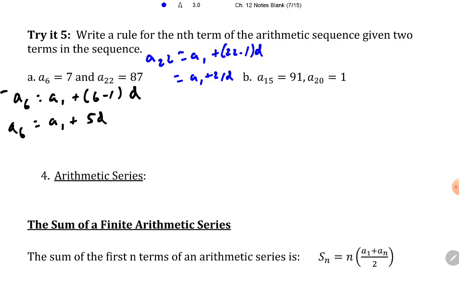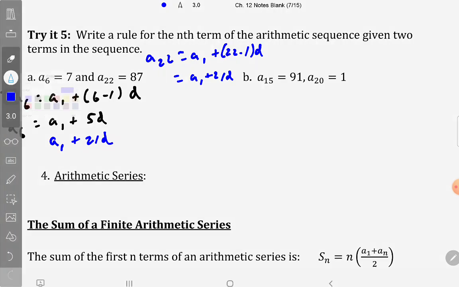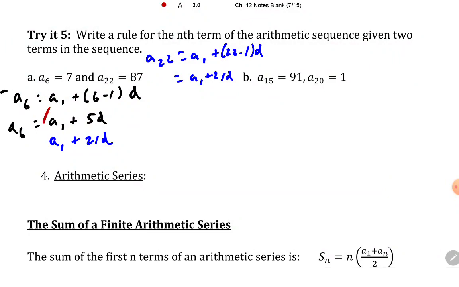Okay. Now I'm going to put this formula on top of each other. a1 plus 21d. Okay. What does that remind you of? Hopefully it reminds you of 2 variables and 2 equations. So this is a system of equations.